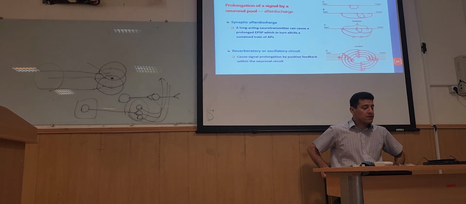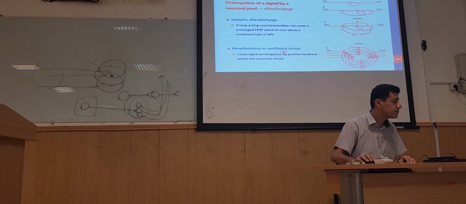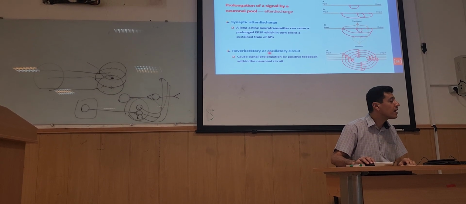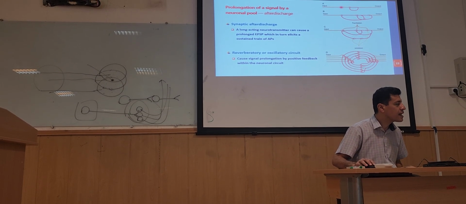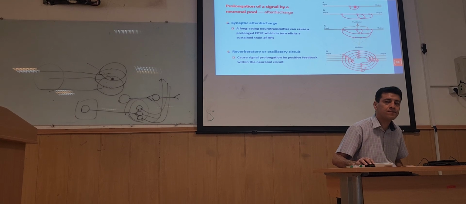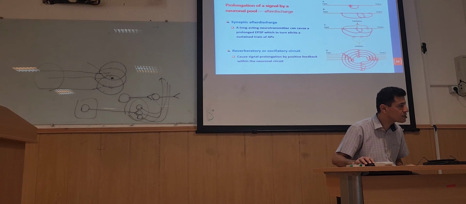Okay, another type of circuit is the reverberatory circuit or oscillatory circuit. This is for prolongation of a signal. The input neuron brings the action potential to the pool. It activates the output neuron, but the output sends a collateral back to the soma of itself.